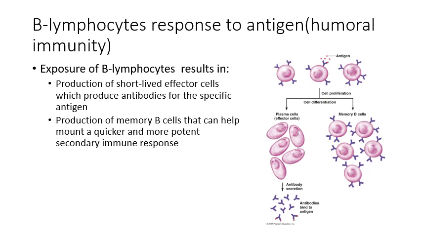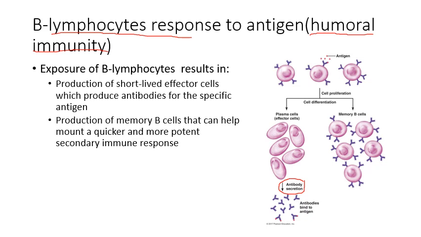Right? And so the B lymphocytes are going to be called humoral. They induce humoral immunity. Humoral meaning in the blood. Their job is going to be to secrete antibodies. These antibodies can bind to specific antigens, again, antigens that are specific for whatever pathogen.